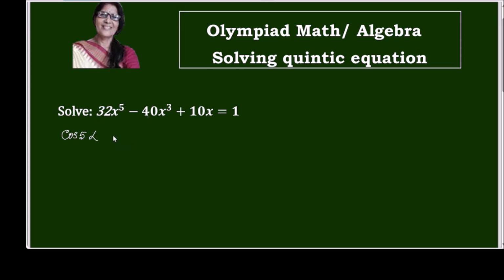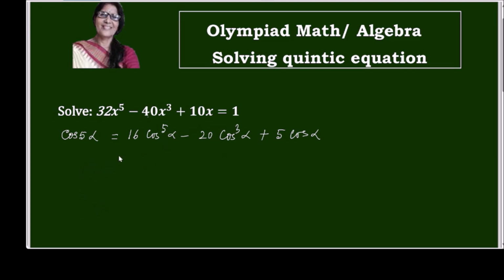Cos 5 alpha equals 16 cos to the power 5 alpha minus 20 cos cube alpha plus 5 cos alpha. So if I take x as cos alpha, I can put it into this format of the equation.